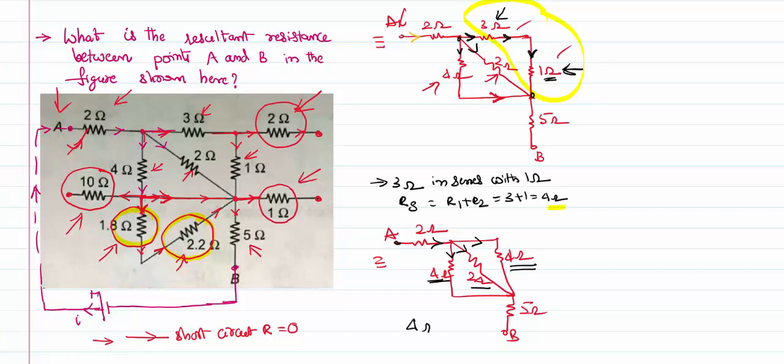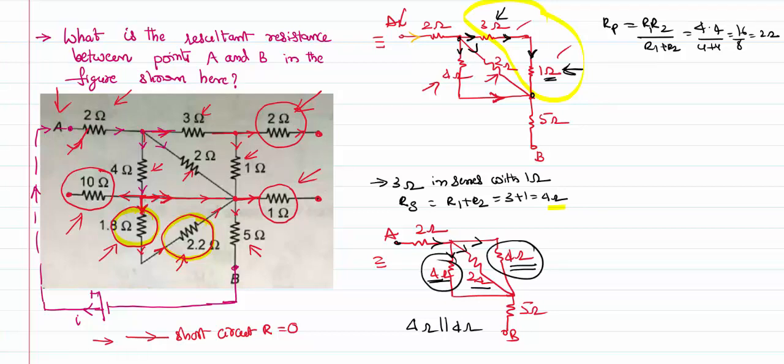When the resistors are in parallel, effective resistance is R1 R2 by R1 plus R2. That is 4 and 4 by 4 plus 4, that is 16 by 8, that is 2 ohms. Means instead of these two resistances, I can write only 2 ohms.